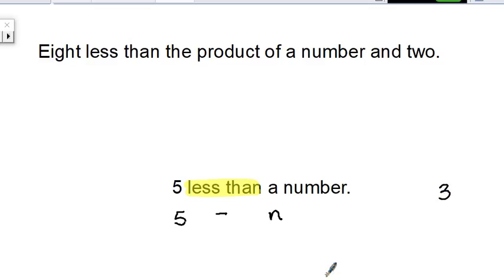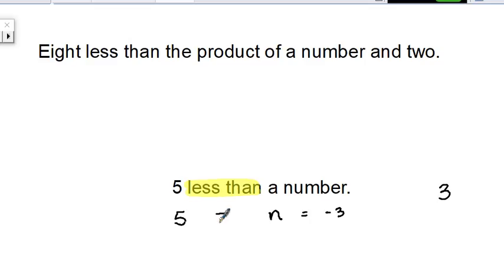So if we took this translation, which a lot of students think is correct, and instead of putting an n in here, we put in an 8, 5 minus 8, does 5 minus 8 give us 3 like it's supposed to? No. 5 minus 8 would give us negative 3.